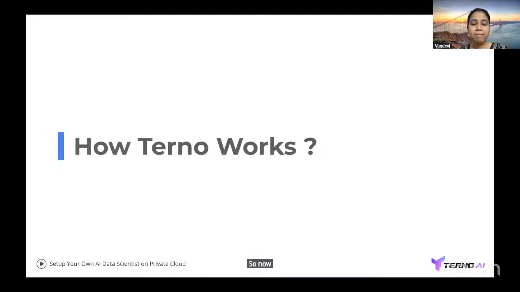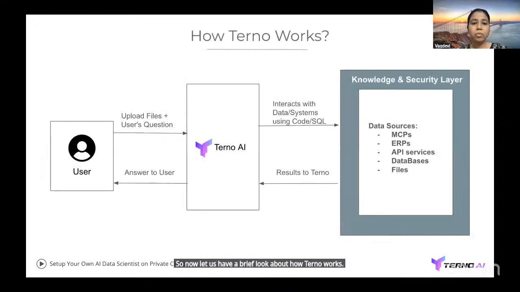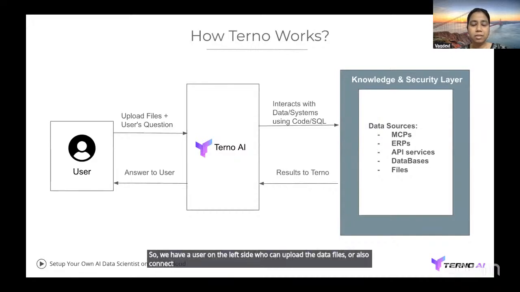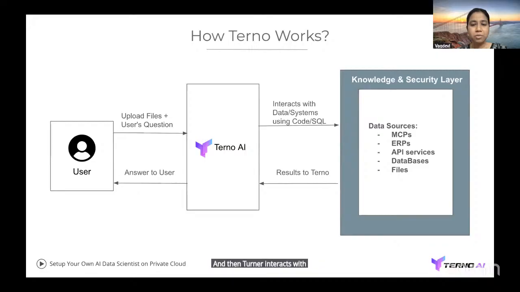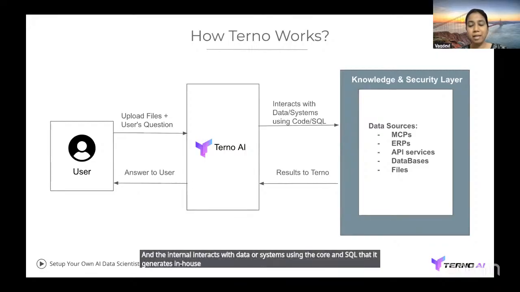Now let us have a brief look at how Turno works. We have a user on the left side who can upload data files or connect any data sources along with the user's question to Turno. Then Turno interacts with data or systems using the code and SQL that it generates in-house with the help of the LLM, which is the brain of the app.